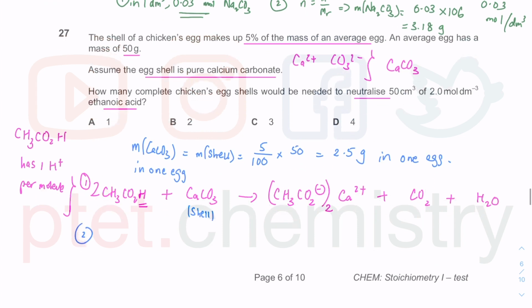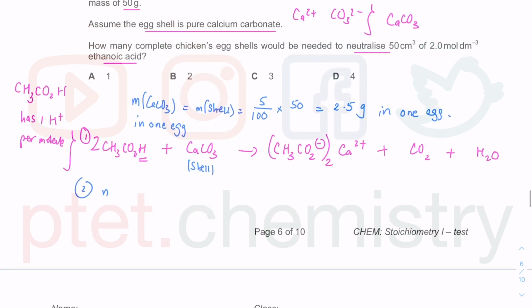We know that the mole of calcium carbonate to the mole of the acid, the ethanoic acid, is 1 to 2: 1 mole of calcium carbonate reacts with 2 mole of that acid. Then you put an actual number to it: the mass of calcium carbonate reacting, and you have the MR of calcium carbonate.